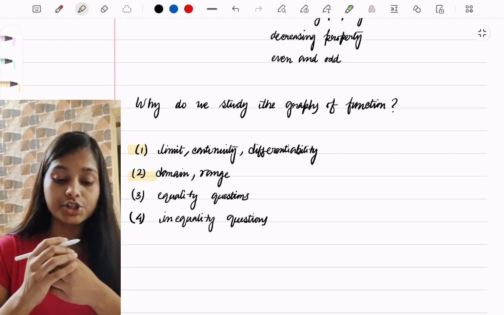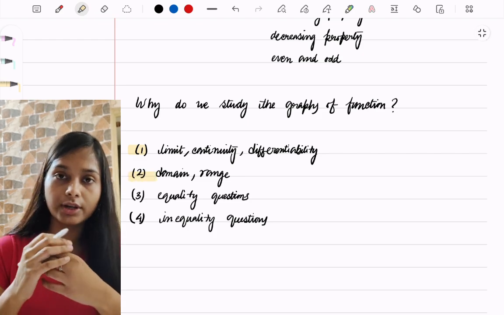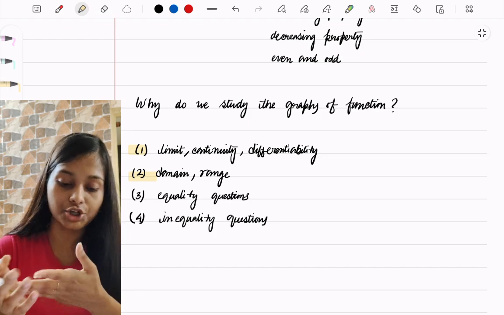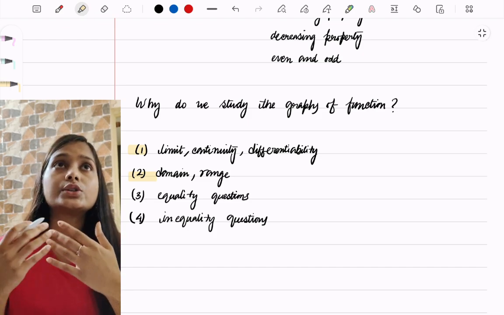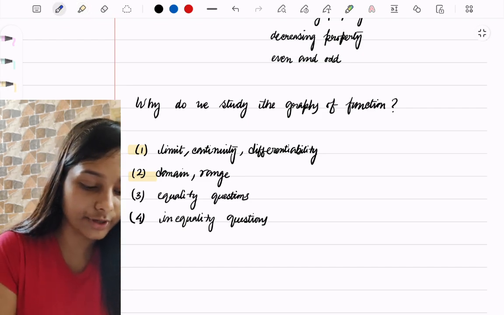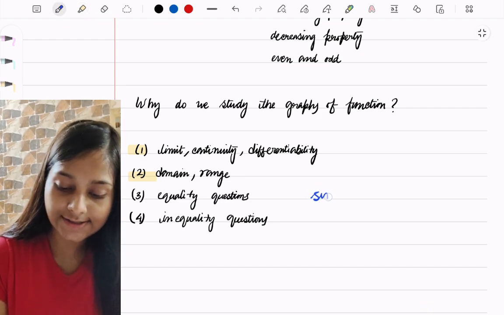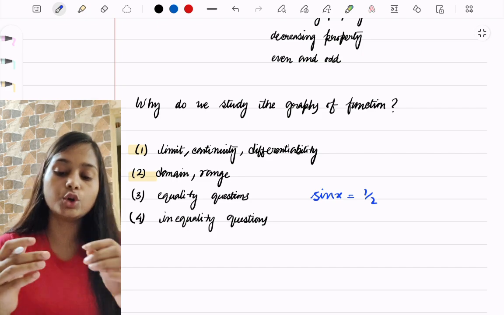Domain and range play a crucial role in the mathematical analysis of these functions, and also in some equality questions, like if we consider this one, sine x equals half.